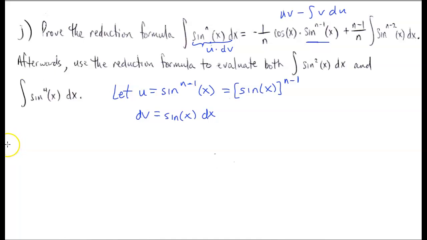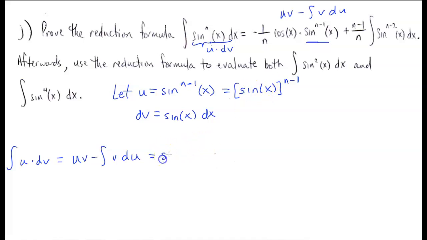Okay. So here we'll say the integral of u dv, which is the same as saying the integral of sine raised to the n of x, is just going to be uv minus the integral of v du. And our u here, again, is just going to be sine of x raised to the n minus 1.